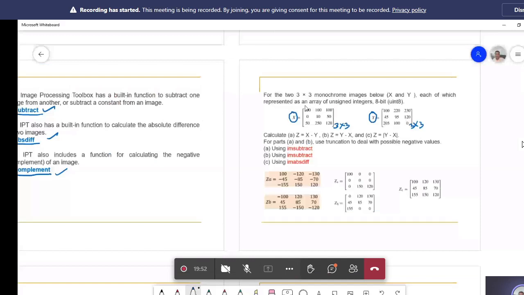Okay, so we have to apply here z equals x minus y, z equals y minus x, and z equals modulus of y minus x. Okay, so पहली मेथड आपको क्या करना है, यूजिंग imsubtract, दूसरा आपको करना है यूजिंग imsubtract, तीसरी करना है यूजिंग imabsdiff.